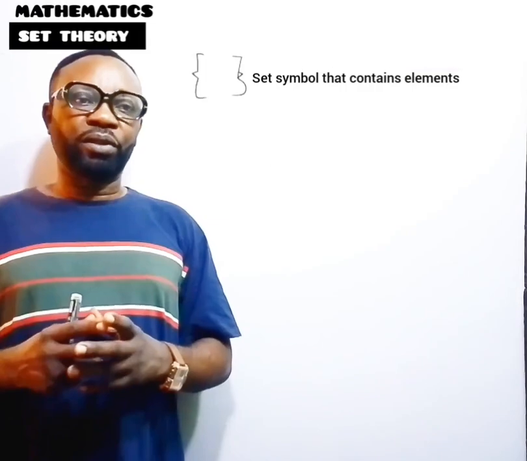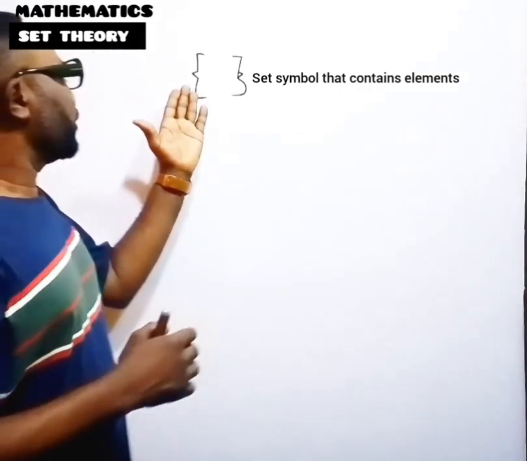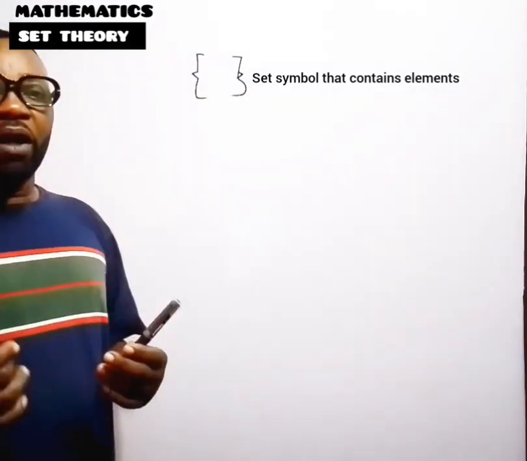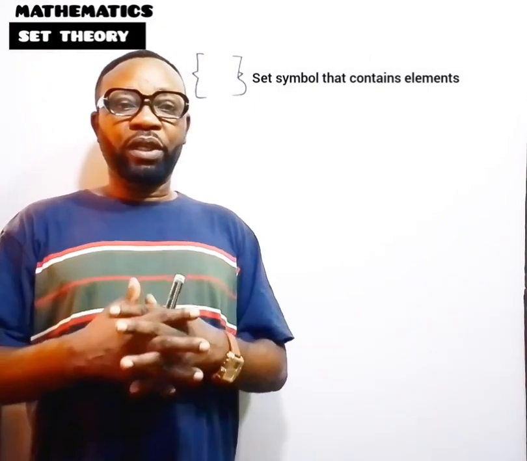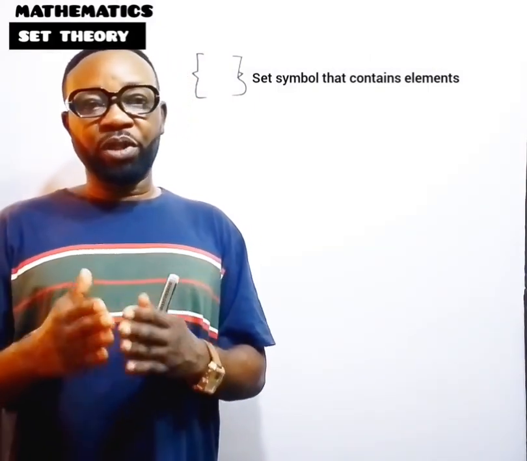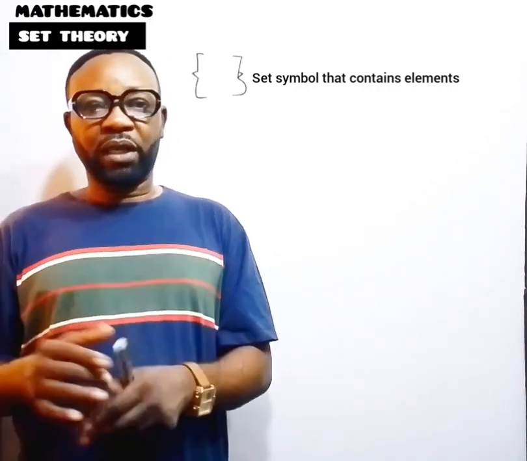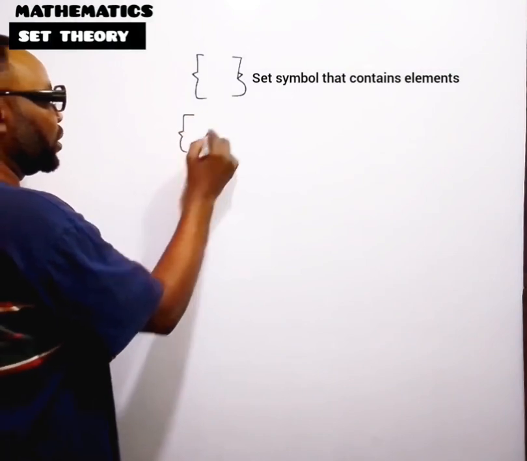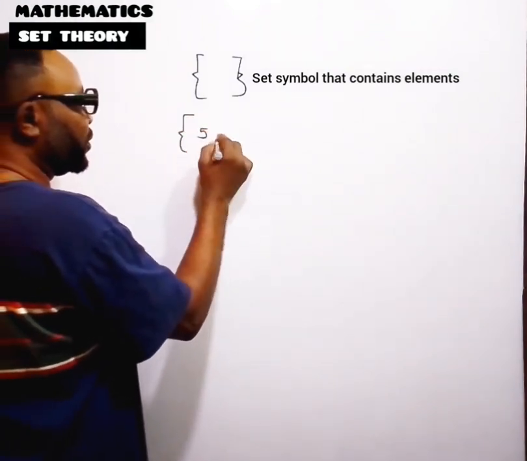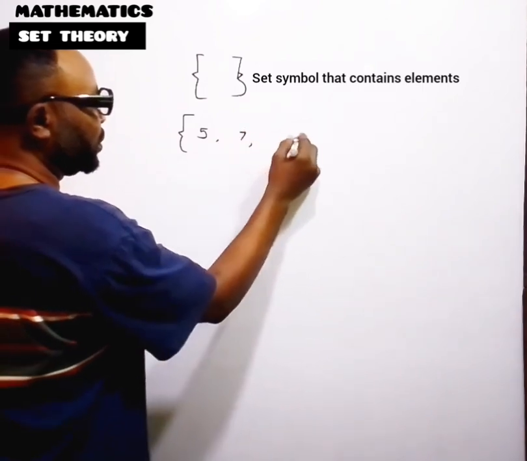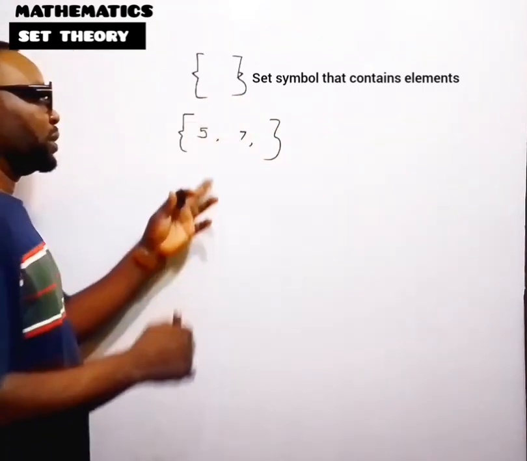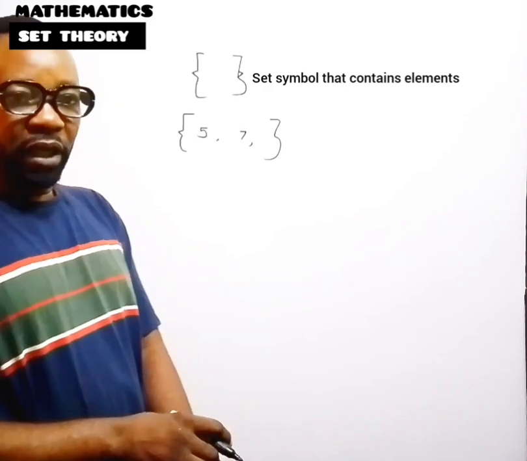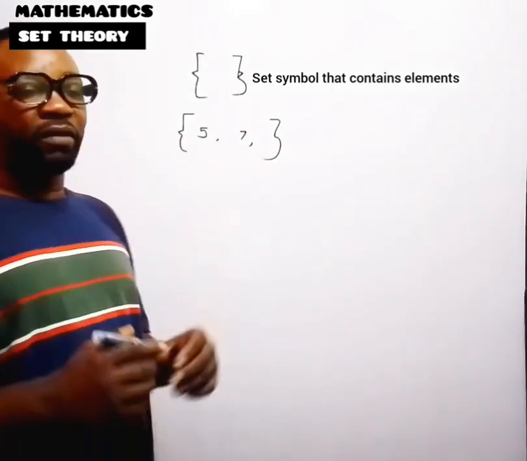Now, in set theory, for instance, if you are asked to give the prime numbers between 4 and 10, you are going to have it this way: 5, 7. I think that is all. The prime numbers between 4 and 10 are 5 and 7.